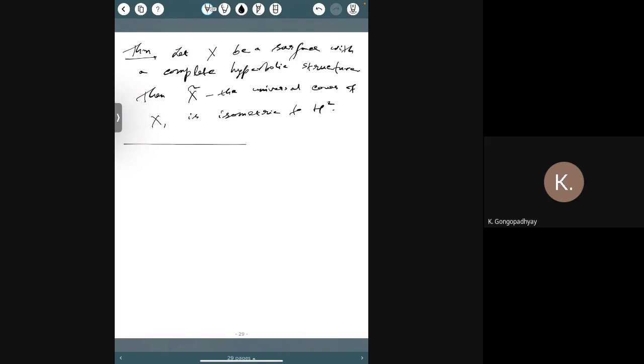So now corresponding to every geometric structure, you have 2 natural maps. One map is called a developing map and the other is called a holonomy map. So let me just quickly tell you. So X, a hyperbolic surface, all right?